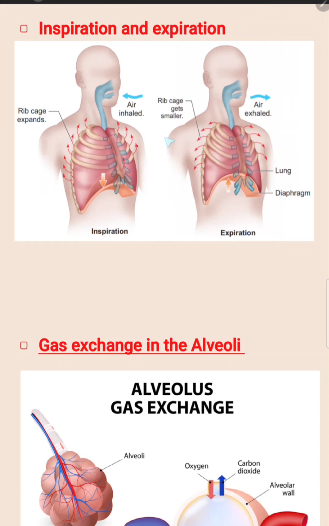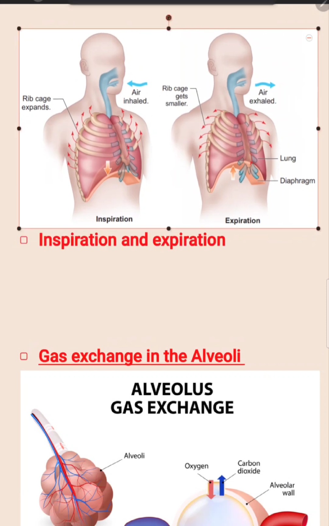You have to know what changes happen when doing inspiration and expiration. Most of the MCQ questions are based on that part. Let's see what changes happen in inspiration first.